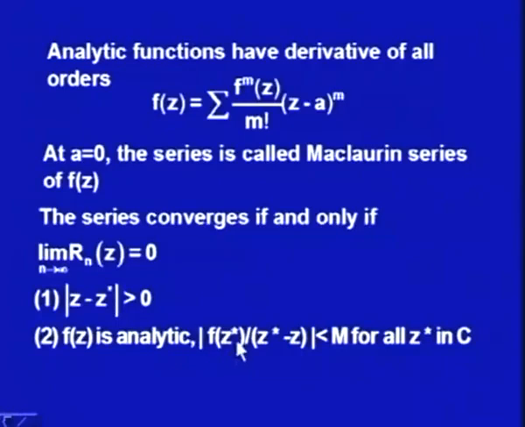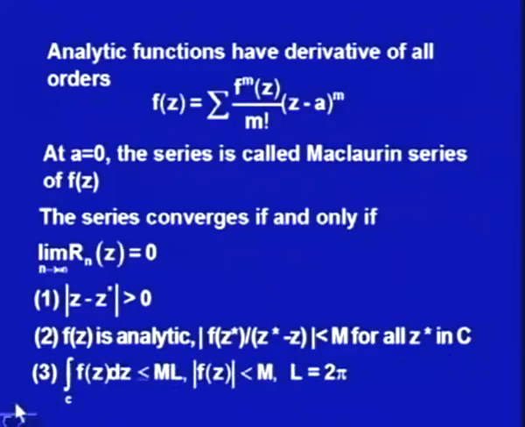That means modulus of f(z star) over (z minus z star) is less than M for all z star in C, and third is that modulus of the integral of f(z) dz is always less than or equal to M times L, where modulus of f(z) is less than M and L is the length of this closed curve C, C being a circle. So, L is equal to 2 pi. If it is a unit circle, then L is equal to 2 pi.